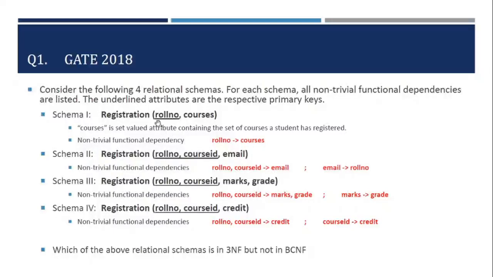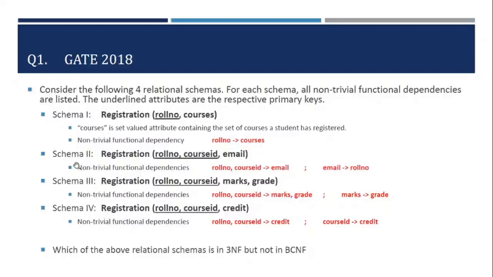So for this particular student, how many courses he has registered, there will be a set of courses here, and so the dependency will be: if two roll numbers are having the same value, then the list of courses registered will also be same, or the courses registered will also depend on roll number.